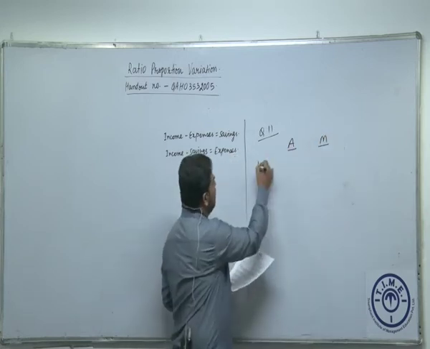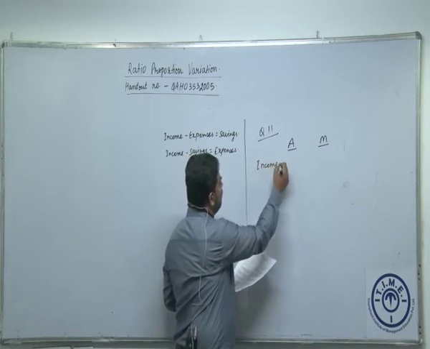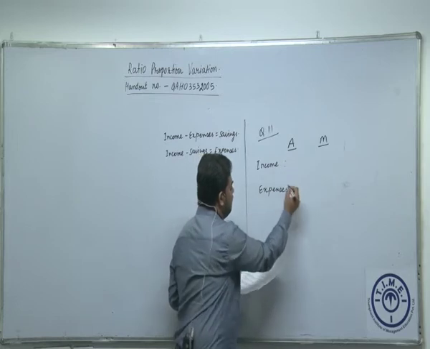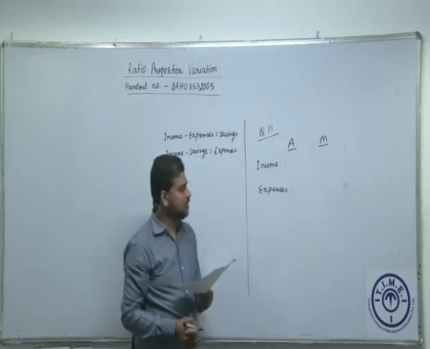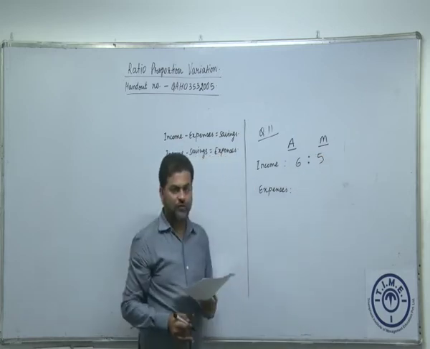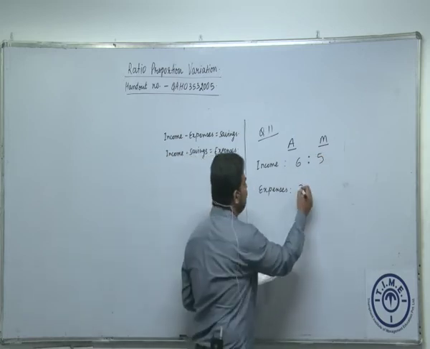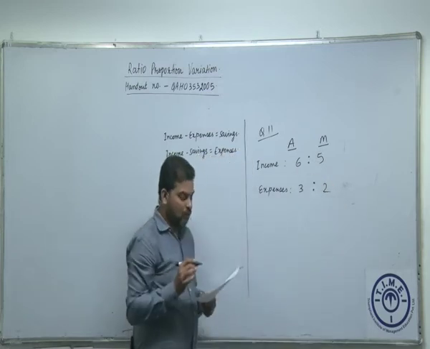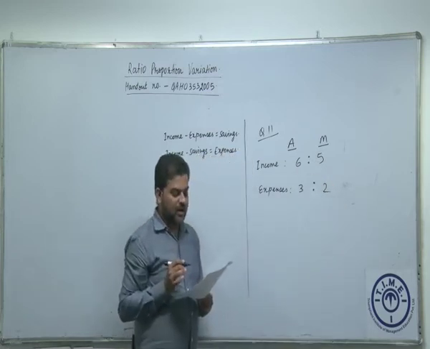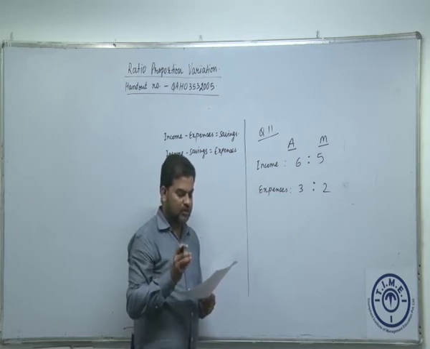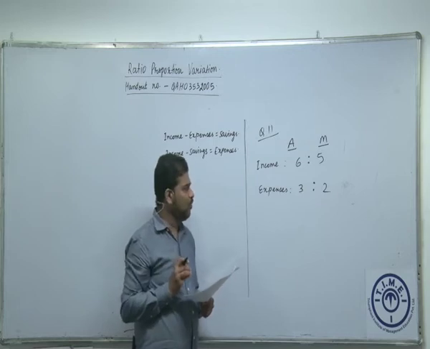The ratio of income and the ratio of expenses. What is the ratio of income? It is 6:5. What is the ratio of expenses? It is 3:2. Okay. And what has been given? It has been given that the annual savings are 3,000 and 4,000 respectively. So 3,000 is for Anil and 4,000 is for Mukesh.